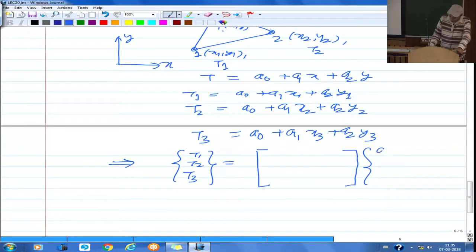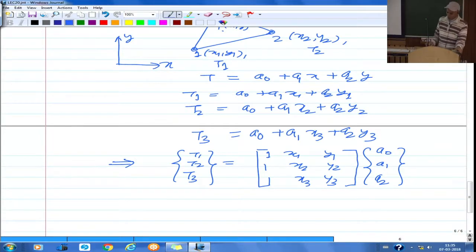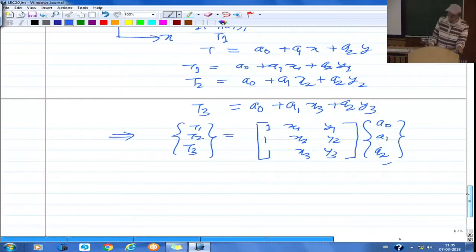So I can write A0, A1, A2 here, and then what you have in the first equation is 1, x1, y1, then 1, x2, y2, 1, x3, y3. These three equations can be written like this, isn't it? This is straightforward. The first row into this vector gives you T1, and the second row into this vector gives you T2, and so on.